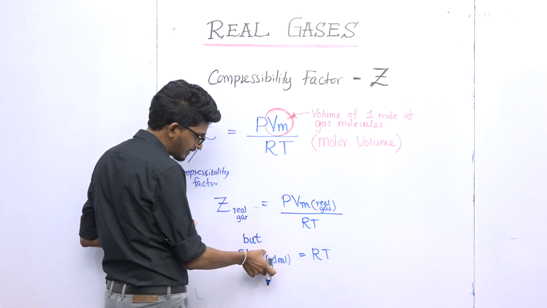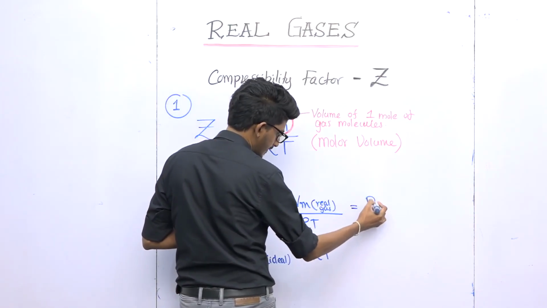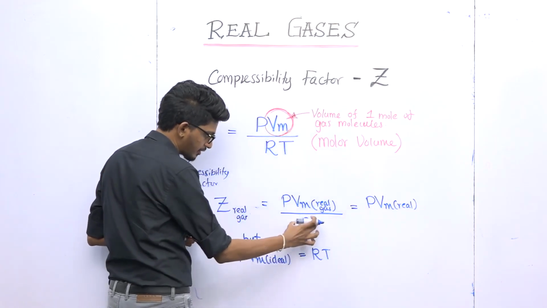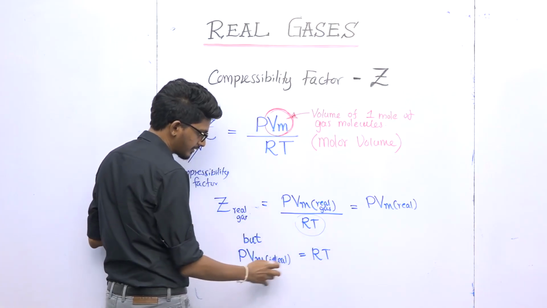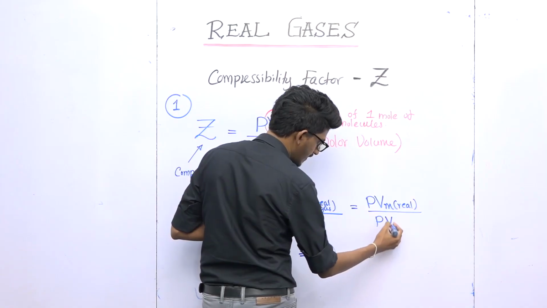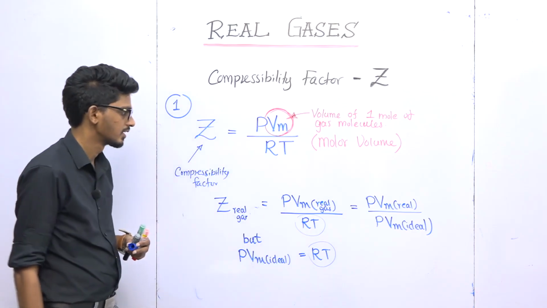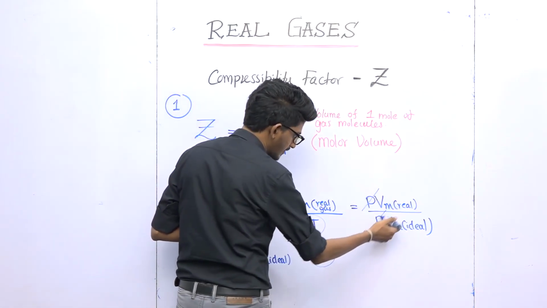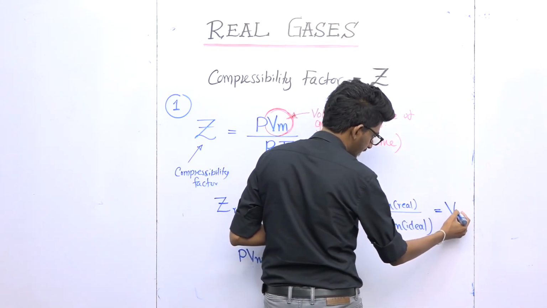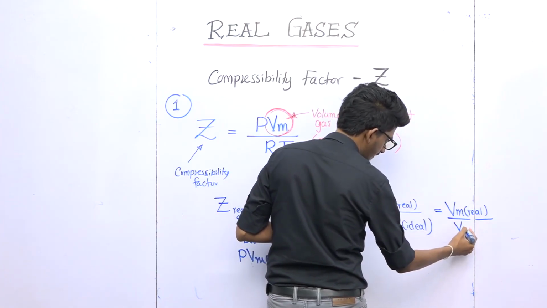Instead of RT, we can write this value. So that you have the PVm real. Instead of this RT, you write this, that is PVm of ideal gas. As the P's will cancel off, this will be equal to Vm real over Vm ideal.